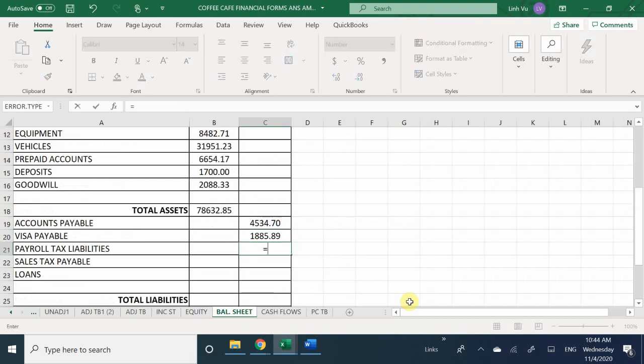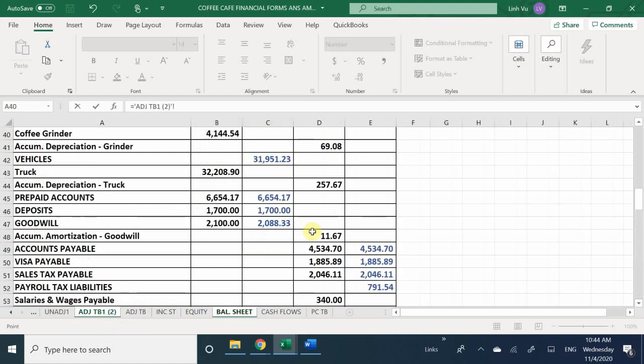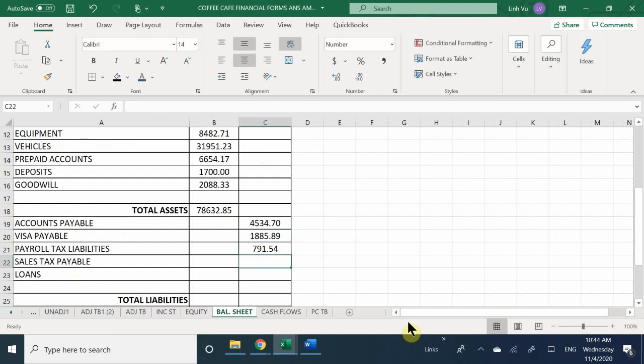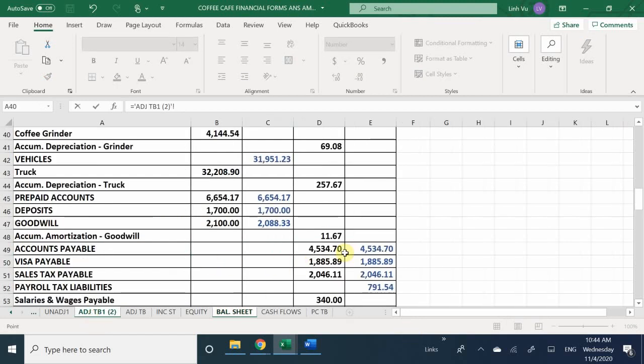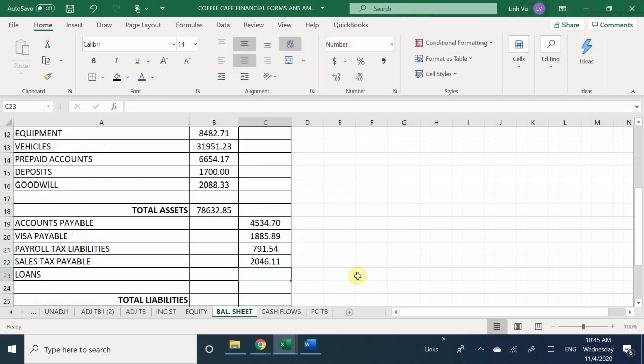Good. And my total payroll tax liabilities, 11, that's sales tax payroll liabilities. 791.54. Yes. And then my sales tax, the 2000. Mm-hmm. All right.